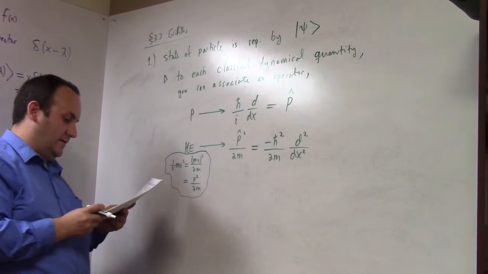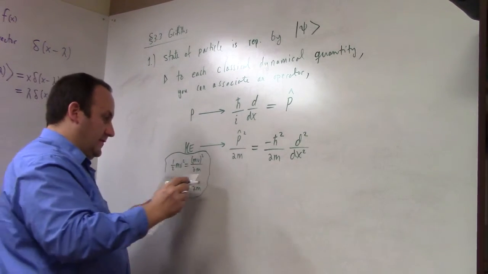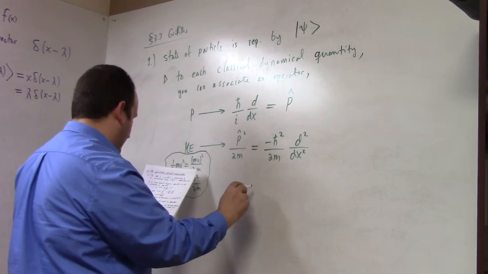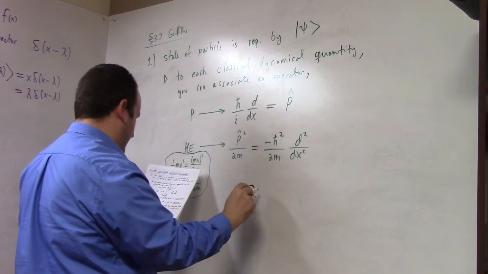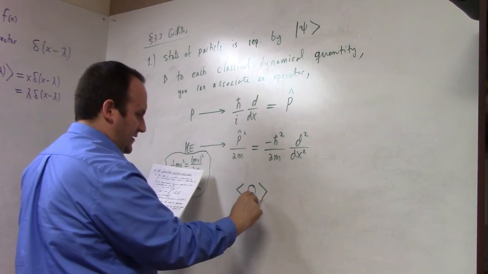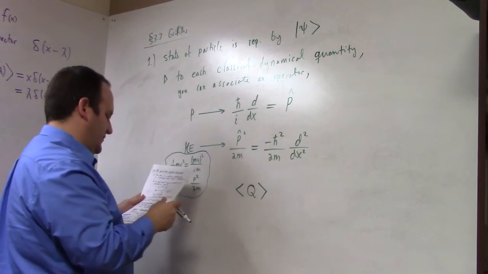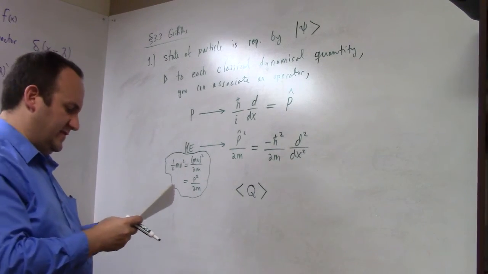Now the expectation value of an operator, which I think we denote just like that. I'm not sure if I'm supposed to put a hat there or not. I don't have a hat in my notes, so I'll stick with it.